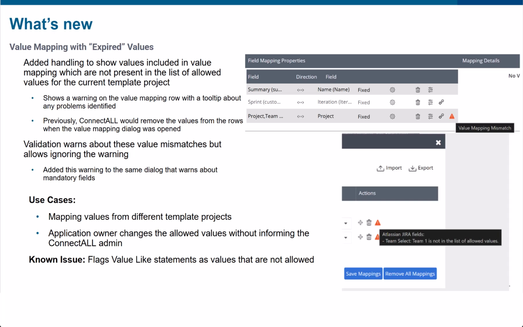The other known issue: if you have a value mismatch and you have a duplicate row in your value mapping, and the list of value mappings scrolls so that it's off the page, the flag that shows the duplicate may not be visible and would prevent you from continuing with saving the automation.